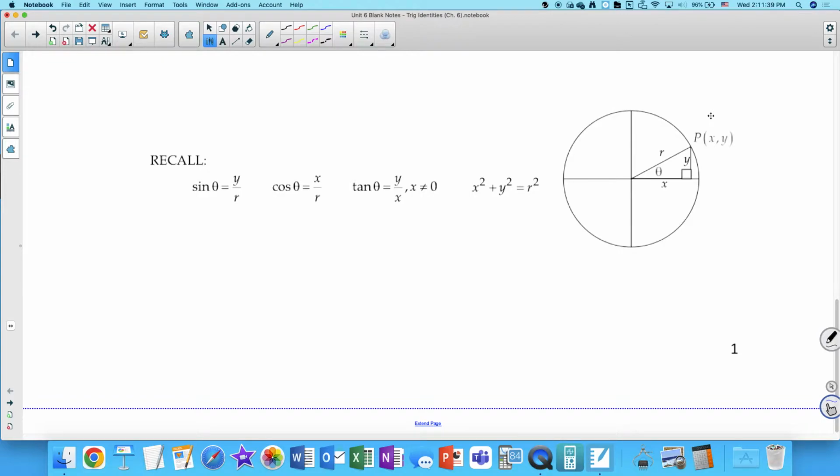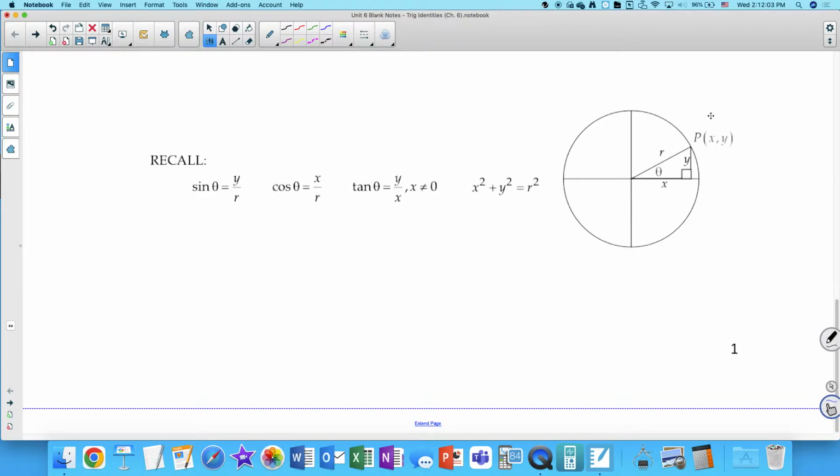And then we can call the hypotenuse the radius. When we draw an angle in this way, we can replace the trig ratios with x, y, and r. This is something that we have seen before. We also can see that through the Pythagorean theorem, x² + y² = r². Okay? So this is all stuff that we've seen before.